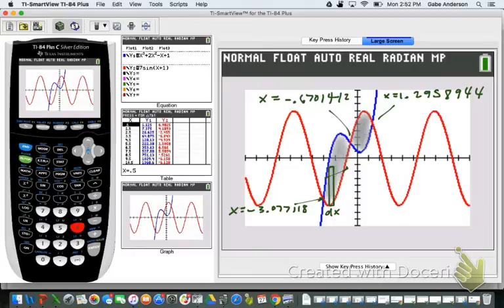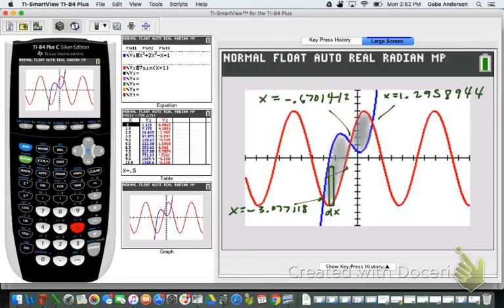Yes. So the width of the rectangle, in this case dx, tells you what all your other variables have to be. If the width is dx, that means everything has to be x's. If the width happened to be dy, then everything would have to be y's. You're not allowed to mix x's and y's. All x's or all y's, and the dx or potentially the dy tells you what you're supposed to use. So that's why we're ignoring all the y's. It's not that they're not important, ever. We just don't need them here.